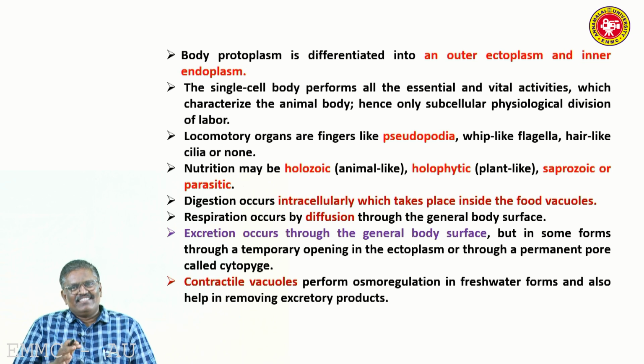Excretion occurs through the general body surface, but in some forms through a temporary opening in the ectoplasm or through a permanent pore called cytopyge, a small opening in the exterior part of the body for excretory functions. The contractile vacuole performs osmoregulation in freshwater forms and also helps in removing excretory products.